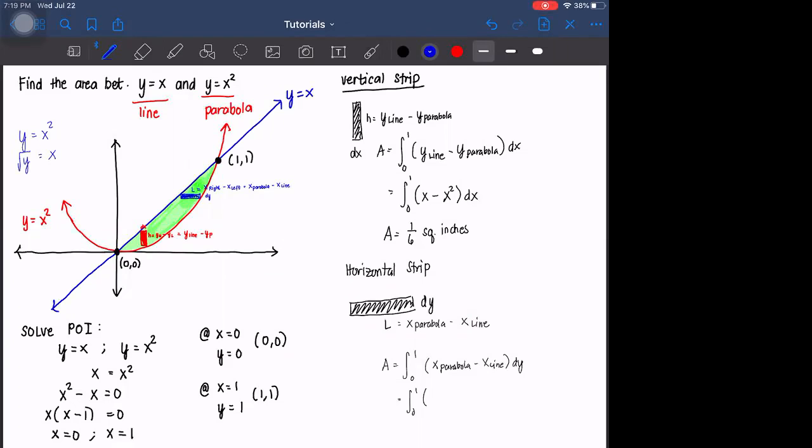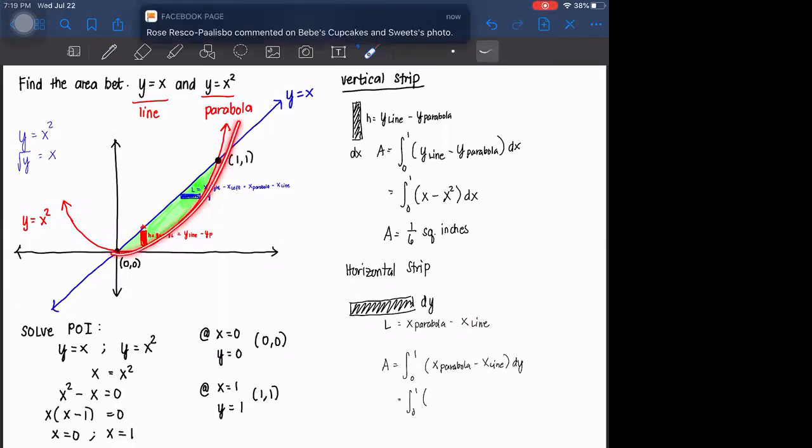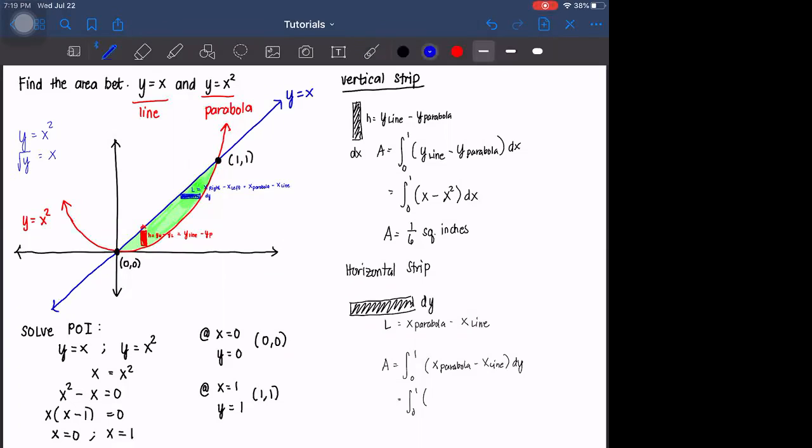Positive or negative? Positive. Why positive? Because it is on the right. So therefore, x of the parabola is square root of y minus what is x of the line in terms of y? Y. dy. Okay. Can you please solve if it is still equal to 1 over 6?